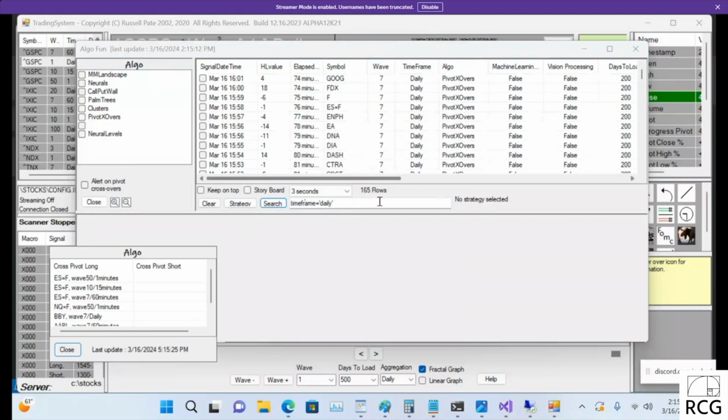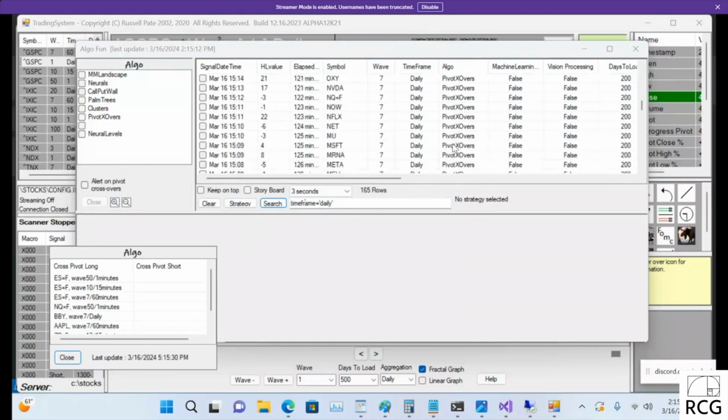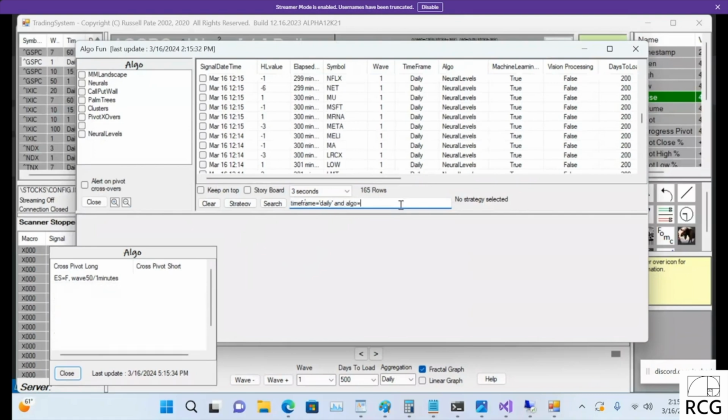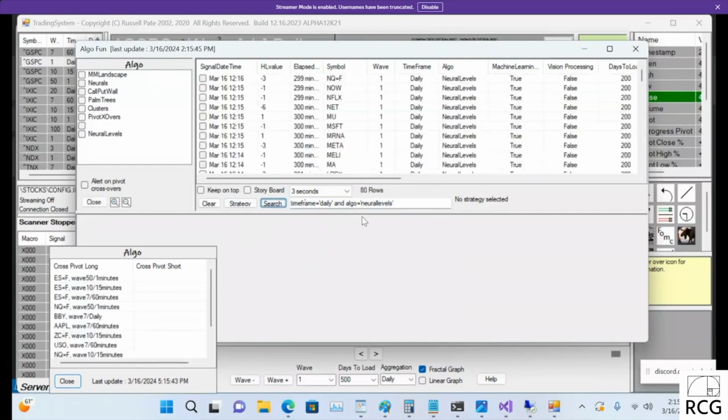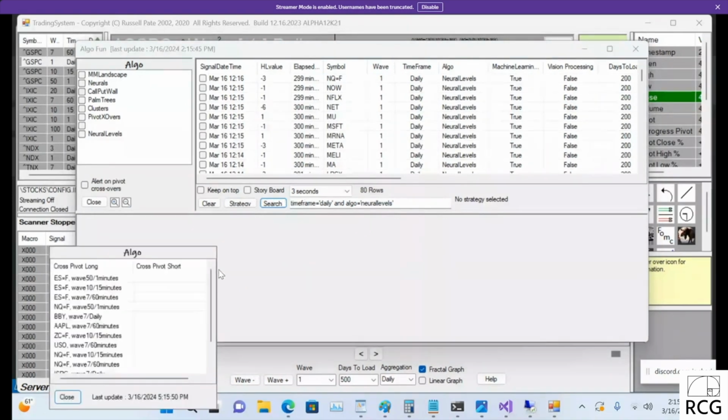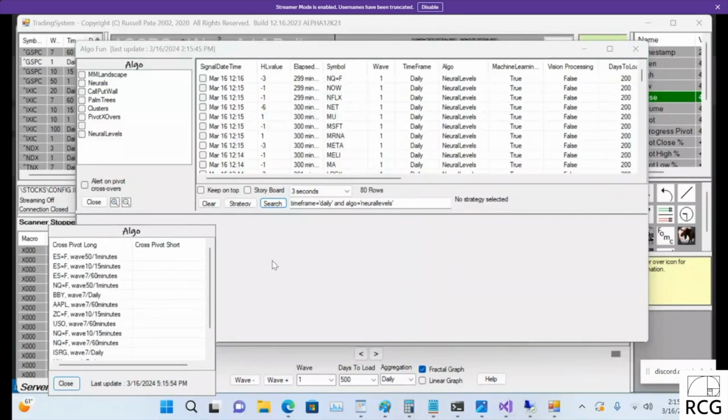ZC equals F, wave 10 15 minutes. USO, wave 7 60 minutes. NQ equals F, wave 10 15 minutes. NQ equals F, wave 7 60 minutes. ISRG, wave 7 daily. MU, wave 1 daily. MRNA, wave 1 daily. LOW, wave 1 daily.